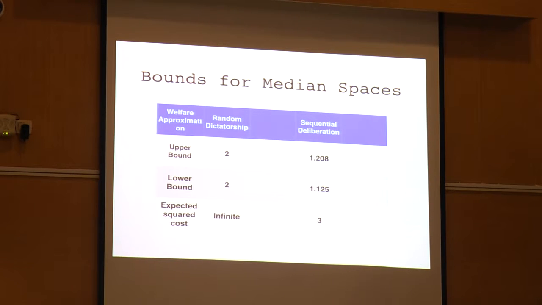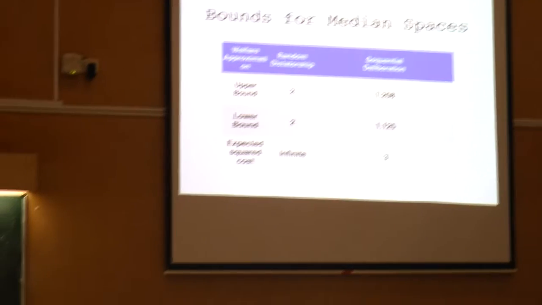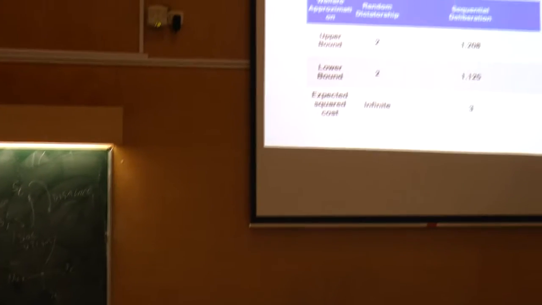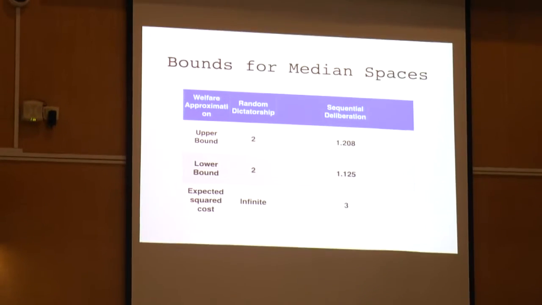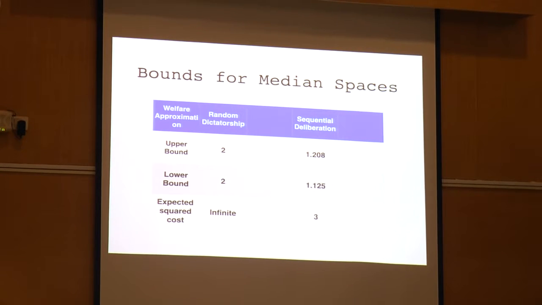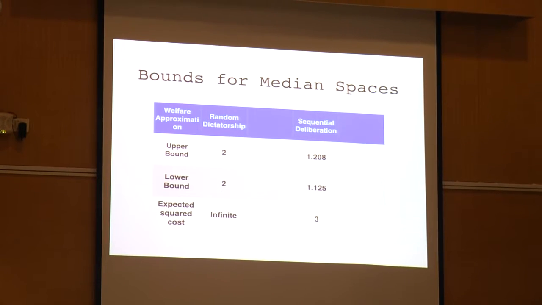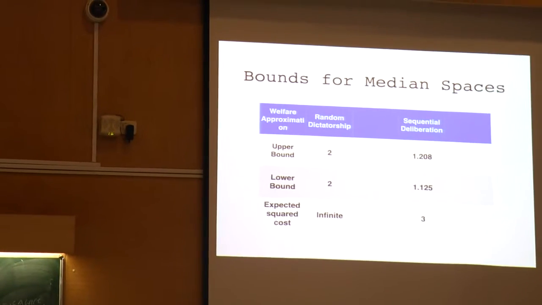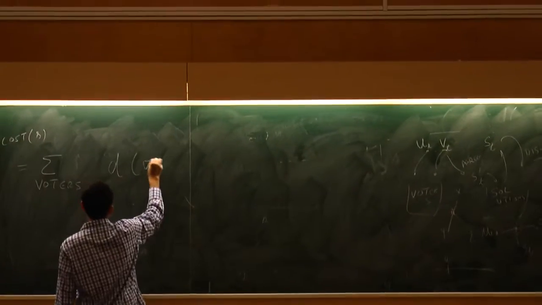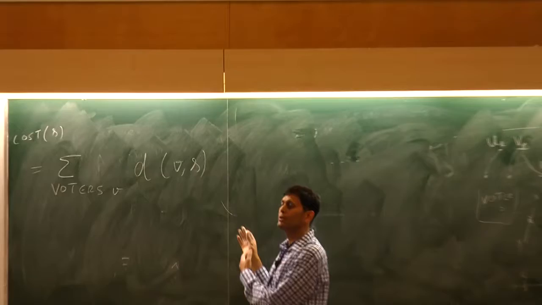So cost would be defined as, once again, it's a little bit funny, the mechanism doesn't know the cost, but in the problem, the cost of a solution S is defined as the summation over all voters V of the distance from V to S. And this distance is in the underlying metric space, which we assumed is a median space.